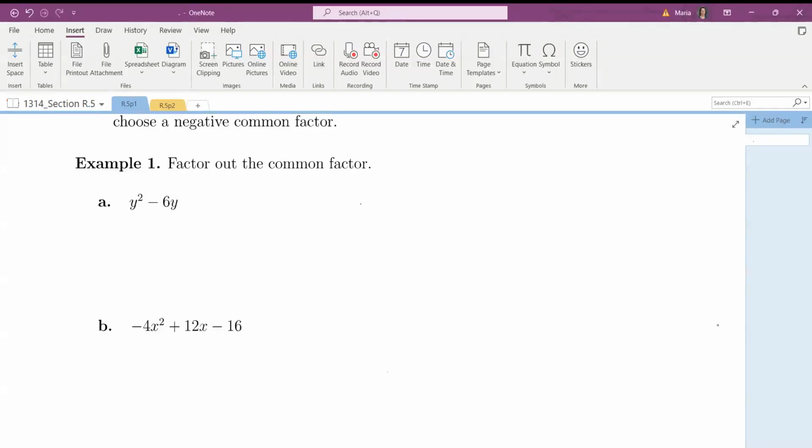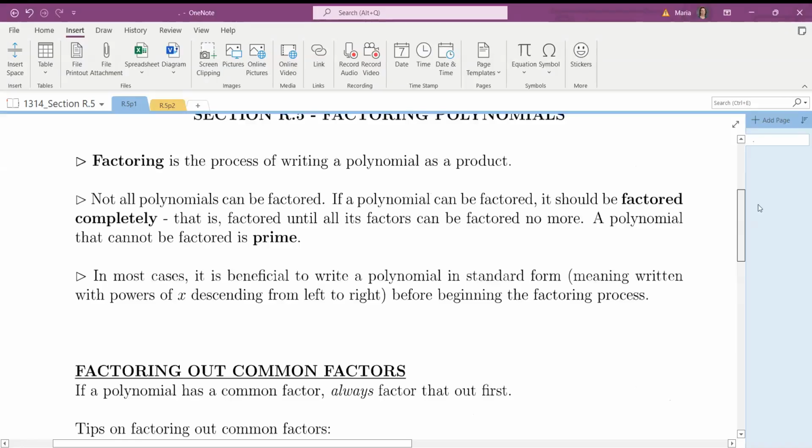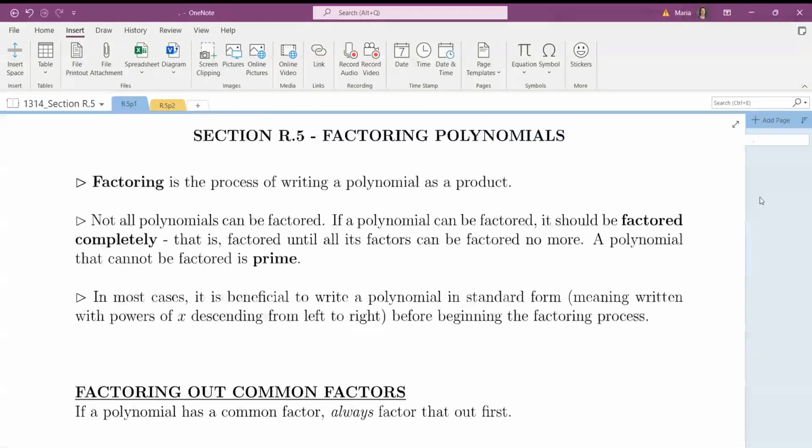So when we factor that, we are going to rewrite it as something times something else. That is what factoring means. We are not solving an equation. None of these are going to be equations. There's no equal sign. We are simply rewriting what we've been given as something times something else. All right, so that is what factoring is in a nutshell.